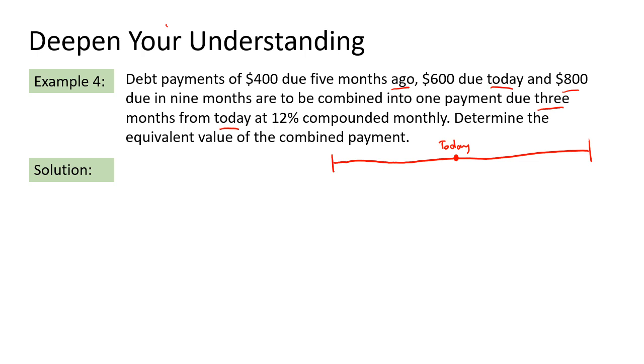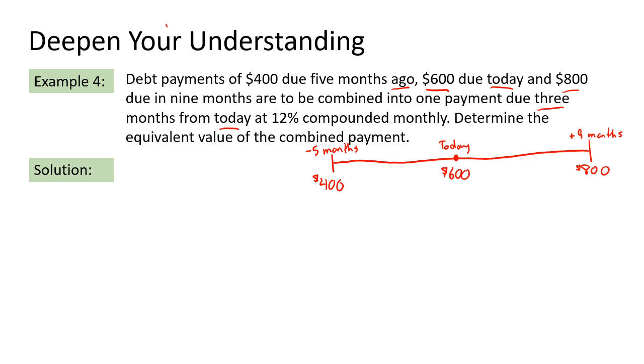We have a $600 payment here. We also have a $400 payment 5 months ago, so I'll call it minus 5 months because it's 5 months in the past. And 9 months ahead, I'll say positive 9 months here, we have a payment of $800. So these are the 3 payments that you have to make.